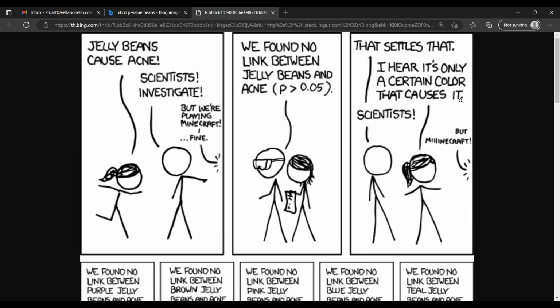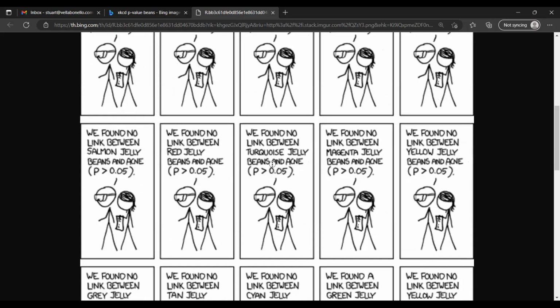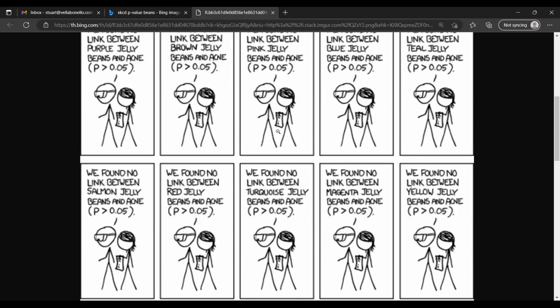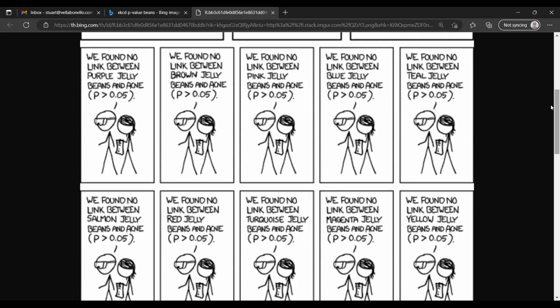Again, scientists assemble, and look at this. This is really about effectively communicating the whole idea of a p-value.